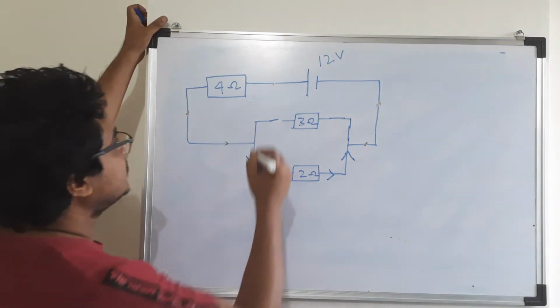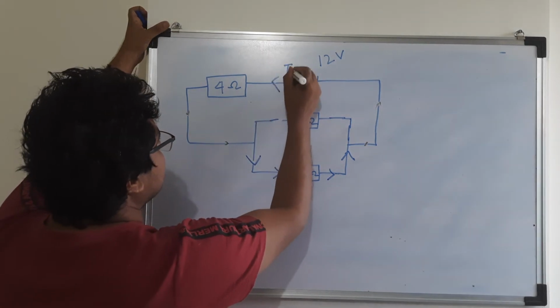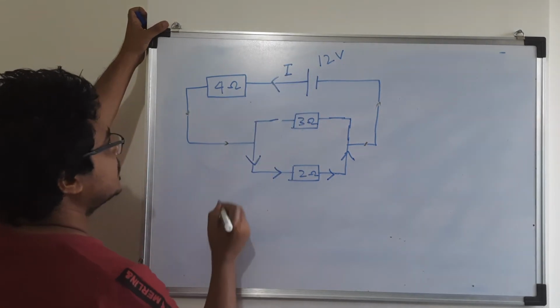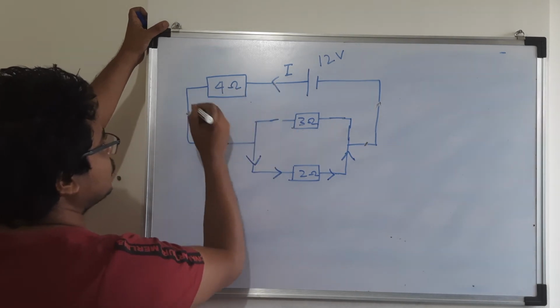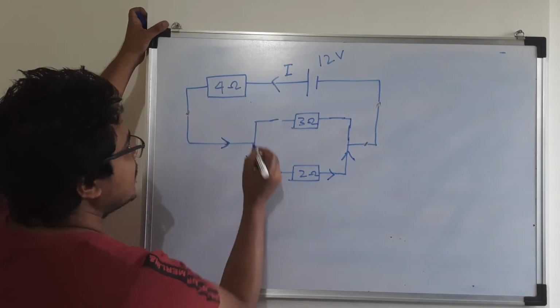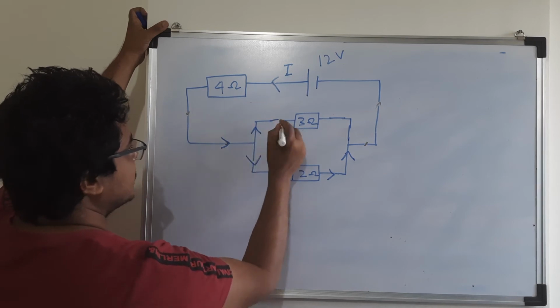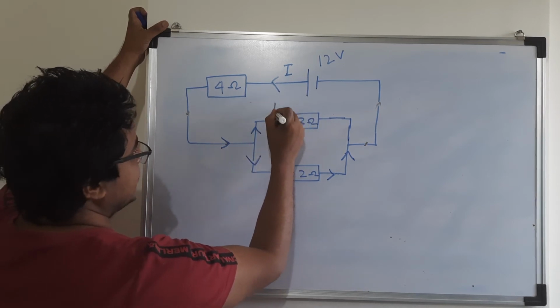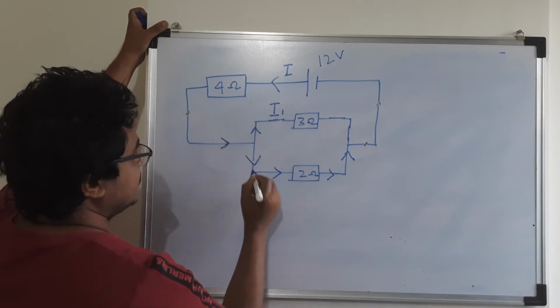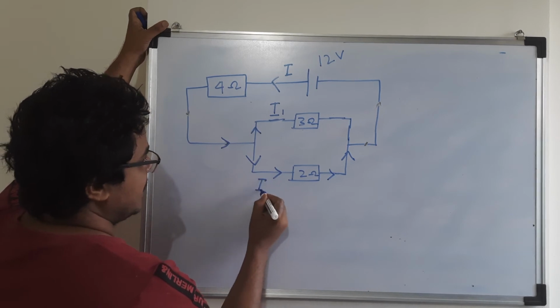So what we will do here, let us take suppose I amount of current passing through this, then it will pass through this 4 ohm resistor and will come here, and then it will be distributed. For example, here take this as I1, and then here take this to be I2.